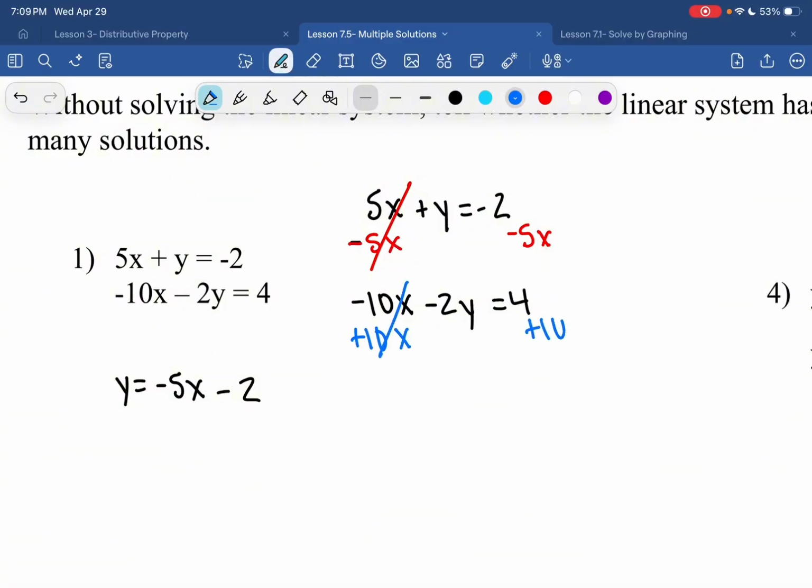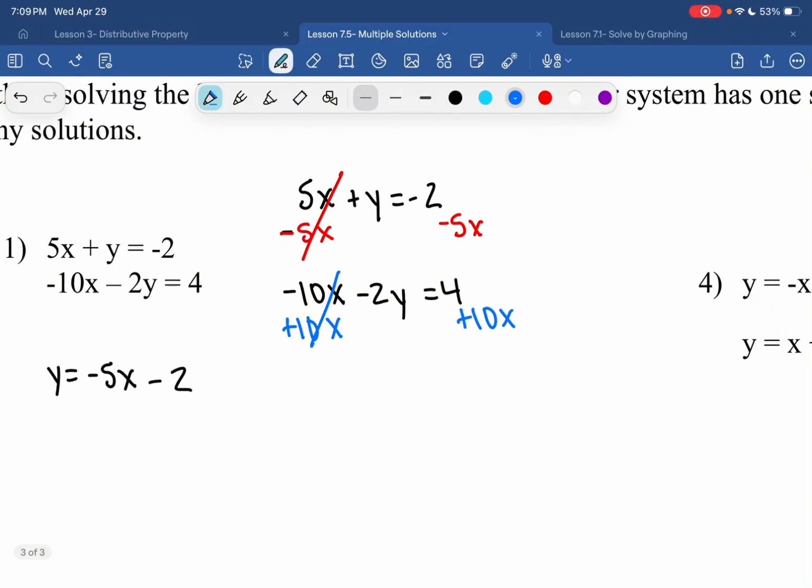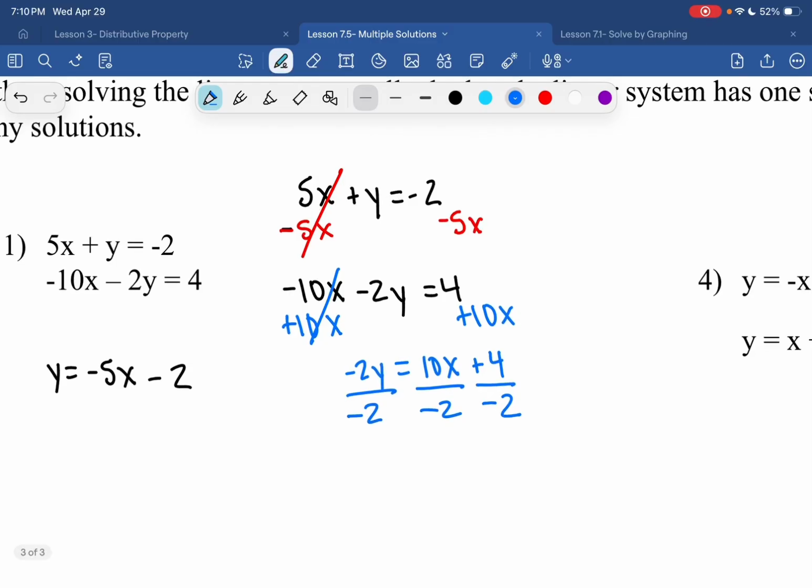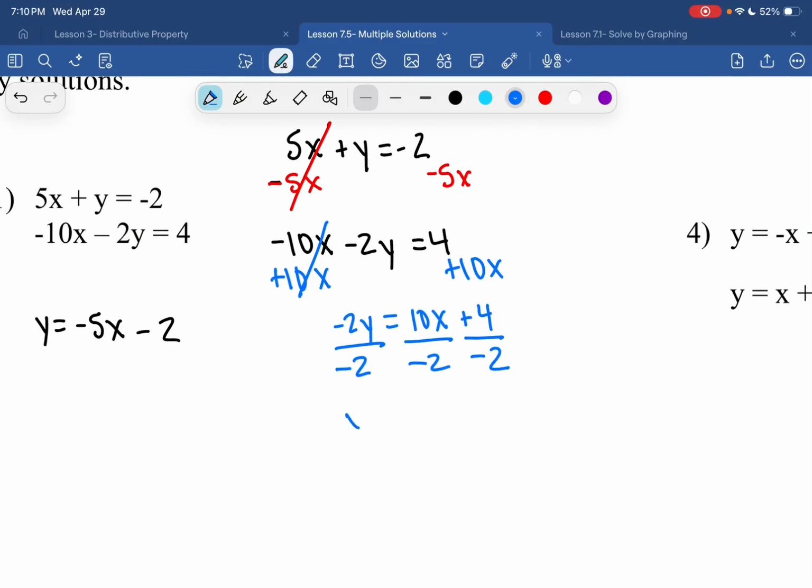What I do to one side, I must do to the other side. So now I have negative 2y equals 10x plus 4. I'm going to need to divide by -2 to all terms in my equation. I now have y equals -5x minus 2.